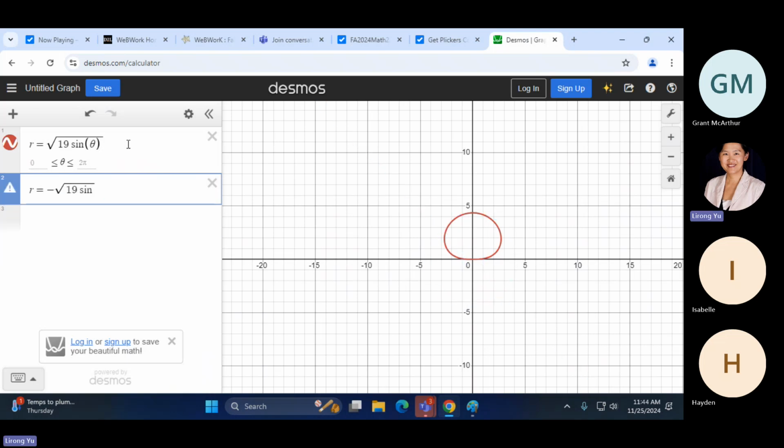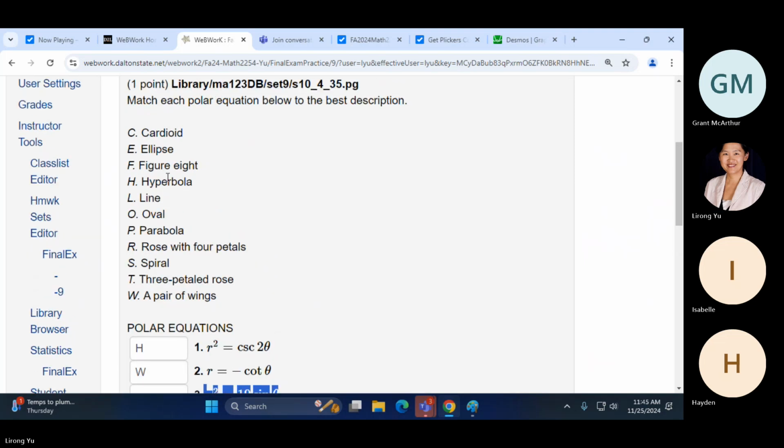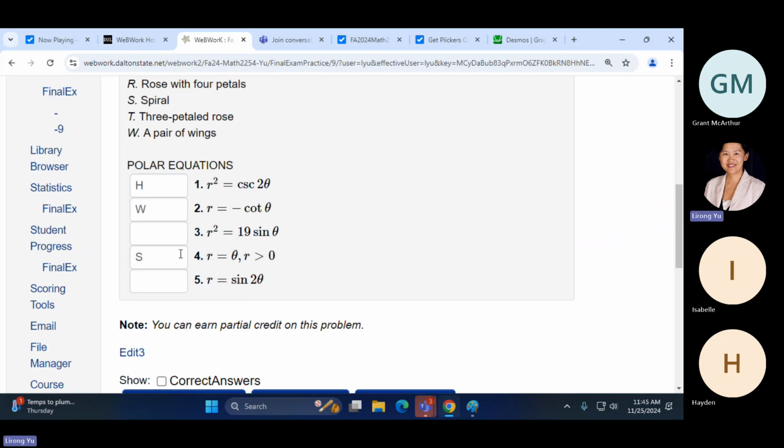Because we don't have r squared, we have to do the positive and negative. I think that's the picture for r squared equal to 19 sine theta. We have to represent the positive portion and the negative portion for r. So that looks like a cartoon image of a number 8, so the visualization of this is the figure 8 picture.